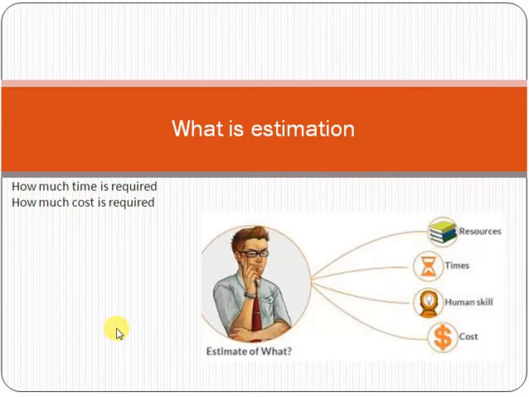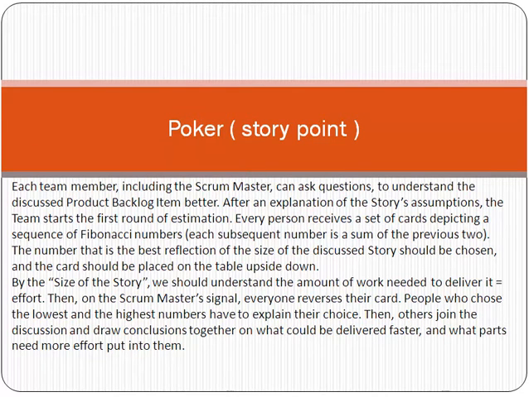Now, coming toward our main topic, how to estimate in agile projects. We have many approaches available in agile. The first approach is planning poker. Poker means a story point calculation, which is basically a technique where we use the concept of story points.